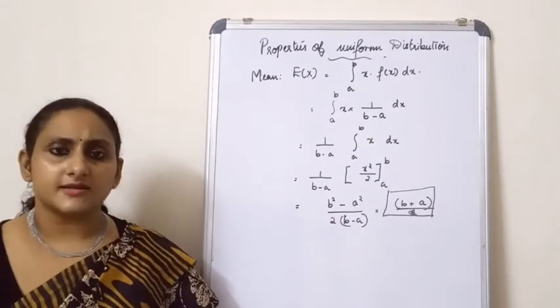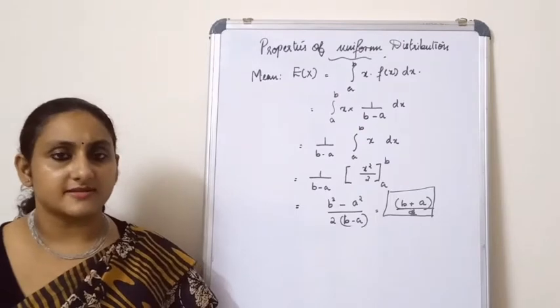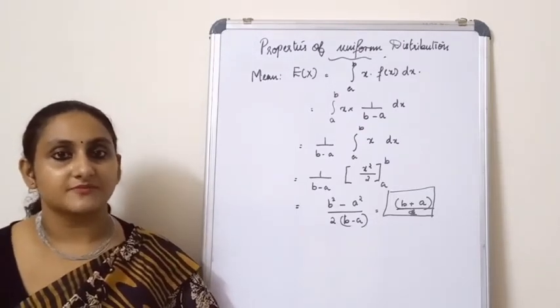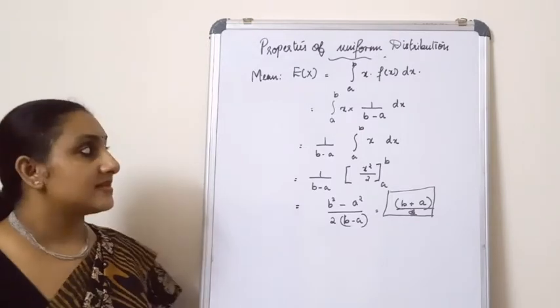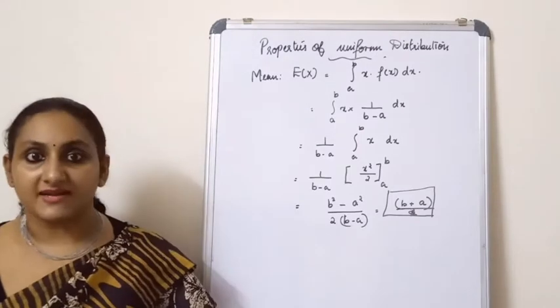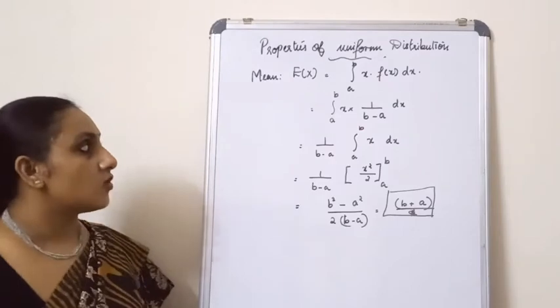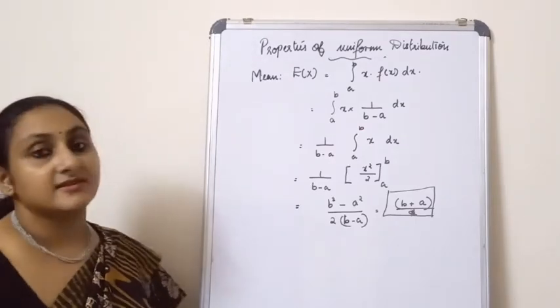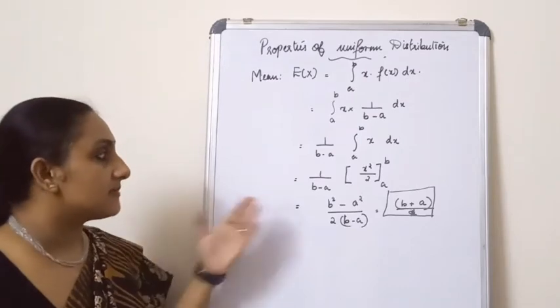In the discrete scenario, the density function for the uniform distribution was 1 by n, but in this case it is 1 by b minus a, dx. I take 1 by b minus a outside, and the integral from a to b of x dx.